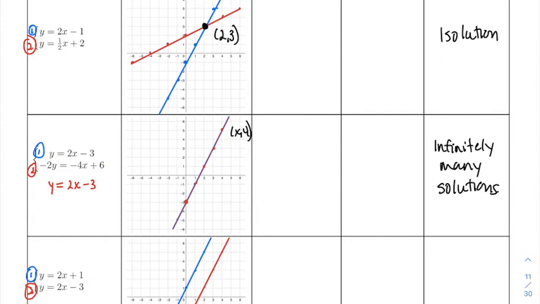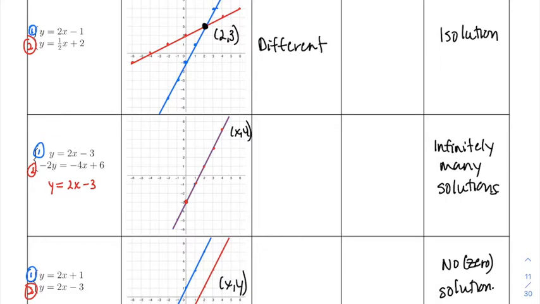And now in the last scenario, there are actually no or zero solutions because these two lines don't have any xy values in common. So we can see visually how many solutions there are, but let's look at how this is associated with the system. If I look at the slopes of the red and the blue lines in the first example, we'll see that the slopes are different.